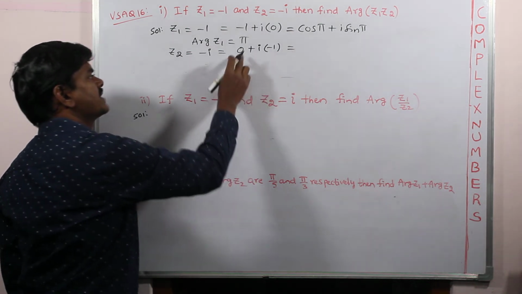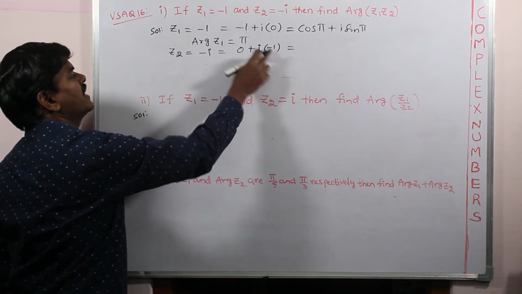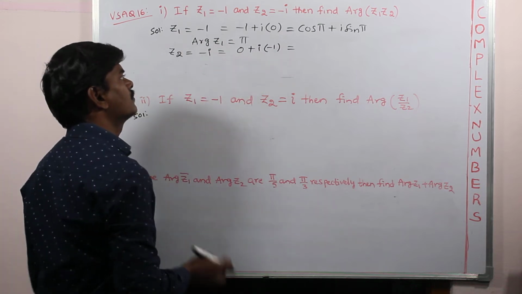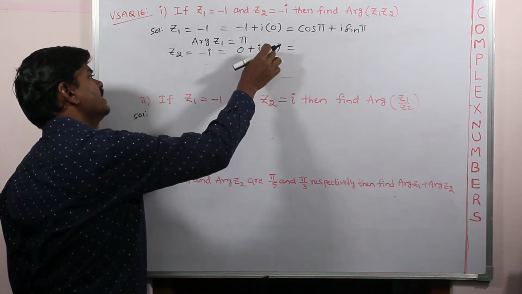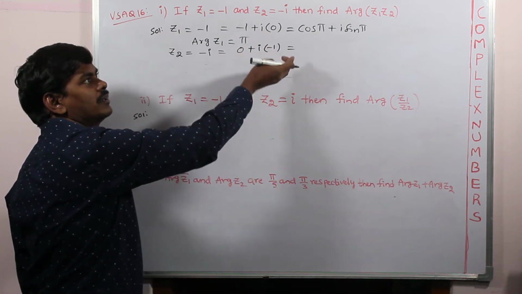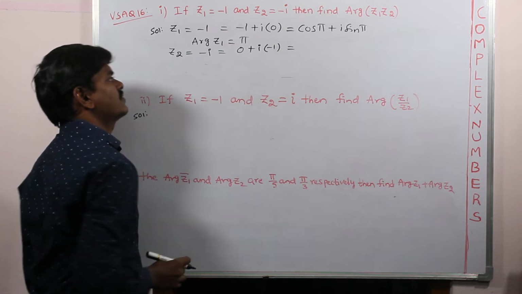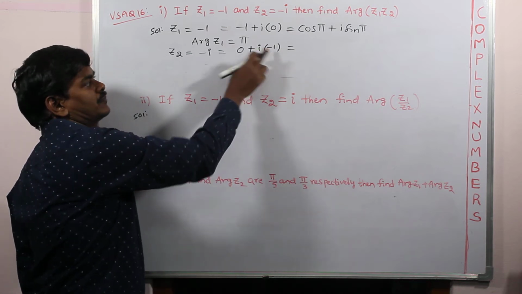Now once again replacement. 0 must be replaced with the cos term, and -1 must be replaced with the sin term, for the same angle. So which one? If I think about -1 as the sin term, sin of -90 degrees is -1.